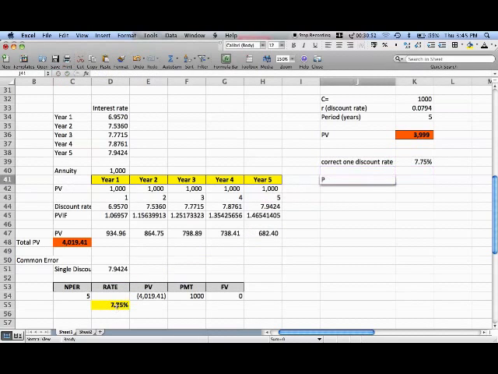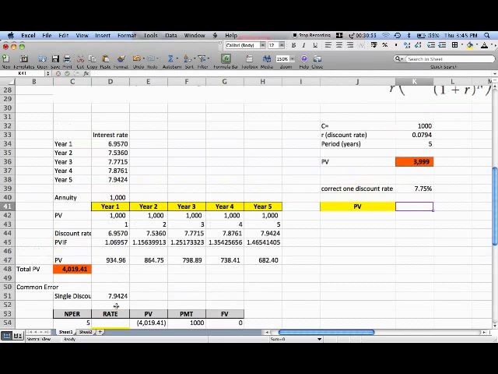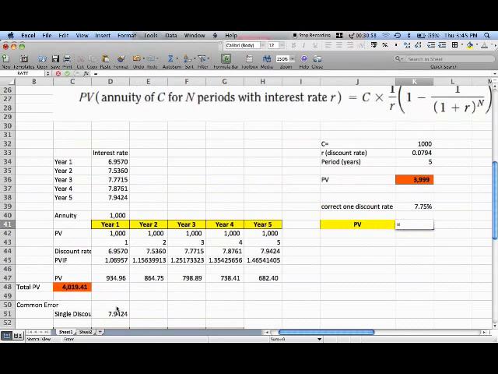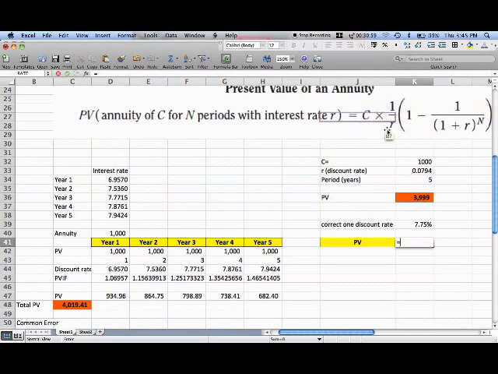Okay, so I repeat the formula. You just follow this formula: C times 1 minus 1 divided by this percentage, times 1 minus 1 divided by 1 plus this rate to the power of 5, and then you get C. It is the same.